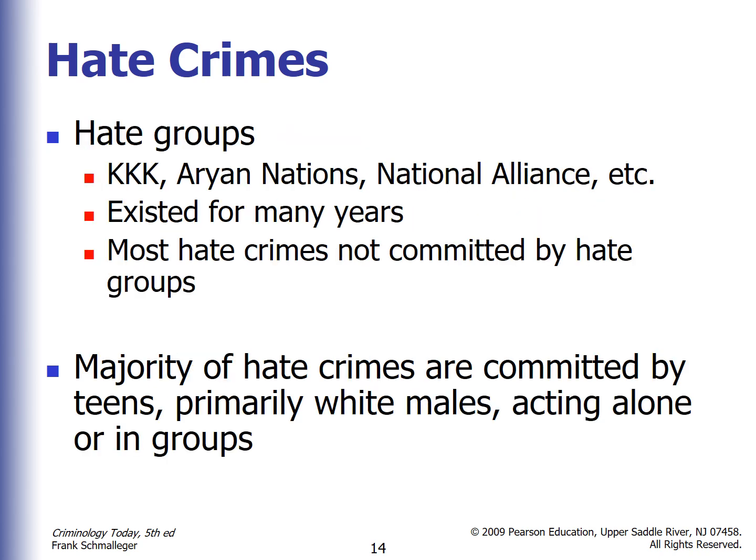Hate crimes, we're talking about various hate groups, maybe the Ku Klux Klan, Aryan Nations. You know, these groups existed for many years, but keep in mind that most hate crimes are not committed by hate groups. Majority of hate crimes are committed by individuals. The data is showing us that usually they're teenagers, primarily young males acting alone, young white males.